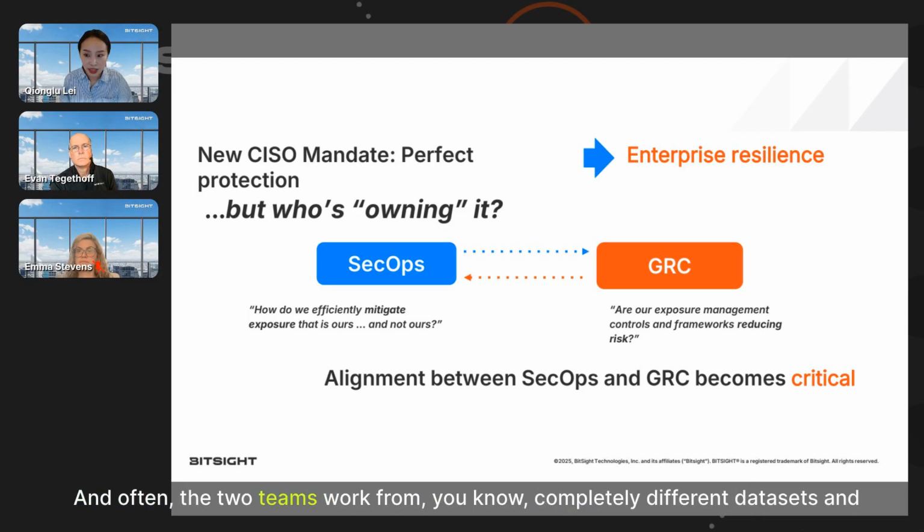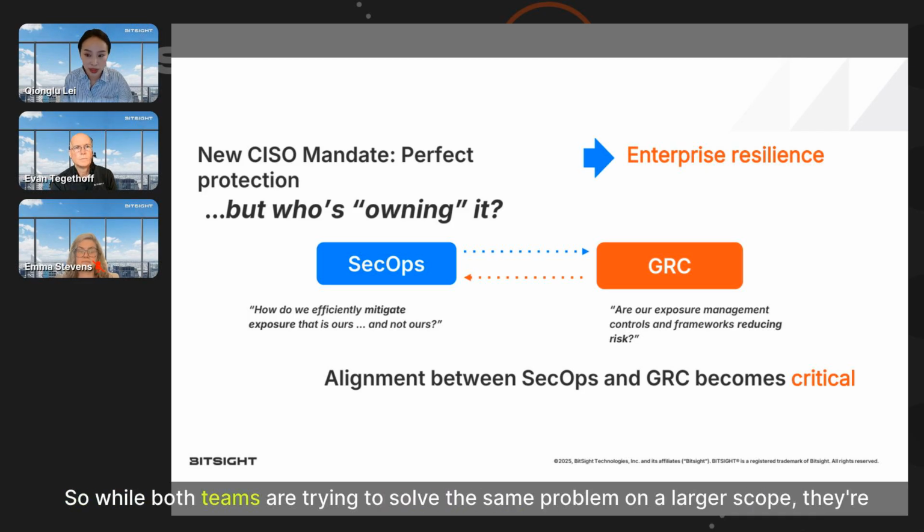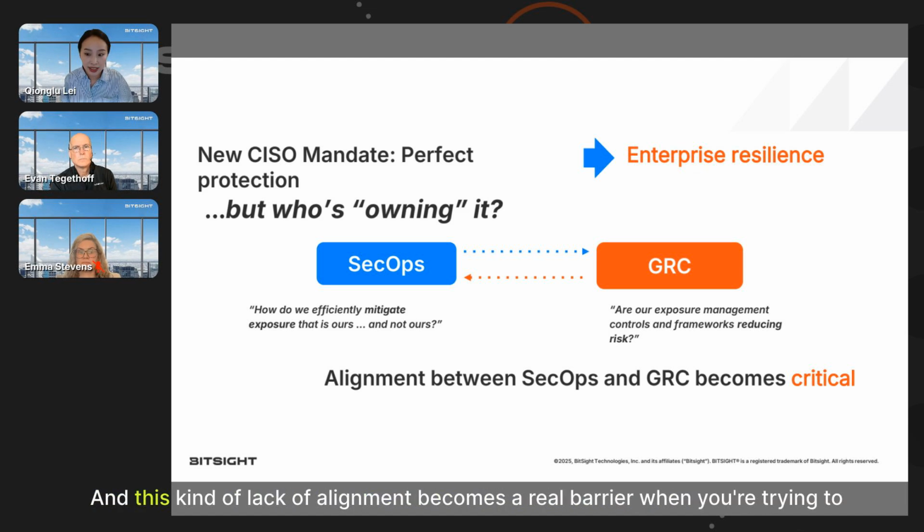And often the two teams work from completely different data sets and priorities. So while both teams are trying to solve the same problem on a larger scope, they're effectively speaking different languages. This lack of alignment becomes a real barrier when you're trying to manage risk across a complex vendor ecosystem, and that's what we're going to talk about today.